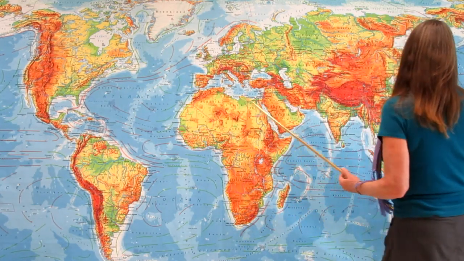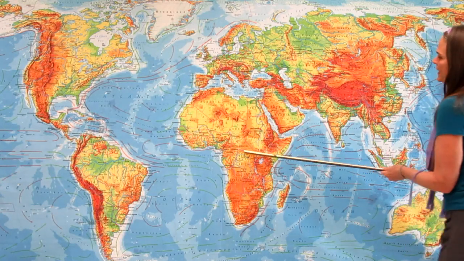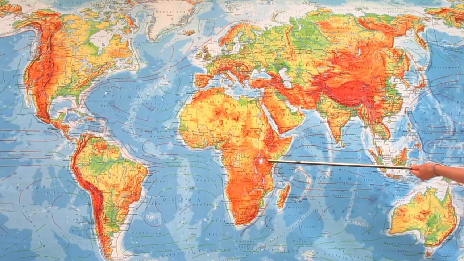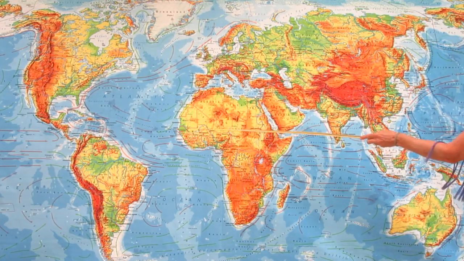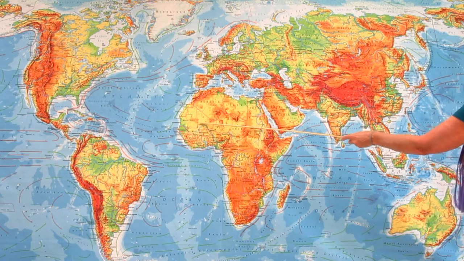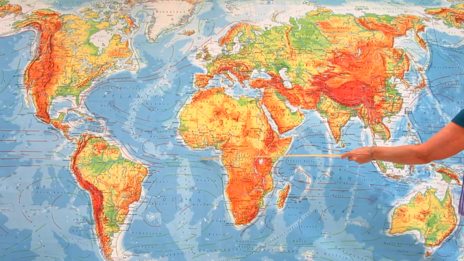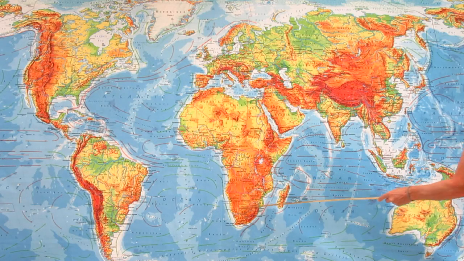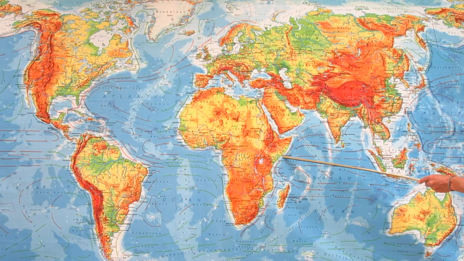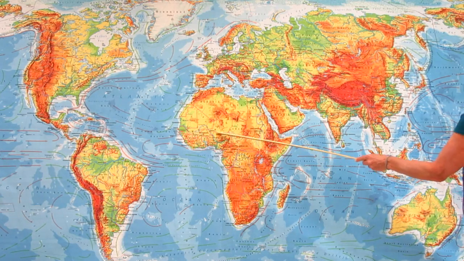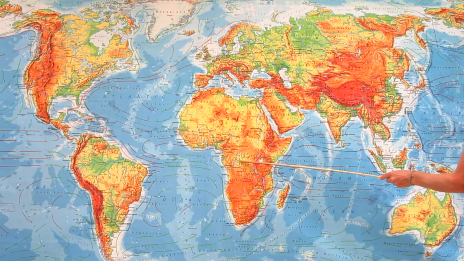So in our realm here, I'll step away so I can point at where the languages are. The largest area is the Niger-Congo, which would be the most widespread language group in this realm. We would also have the Saharan family of languages here.